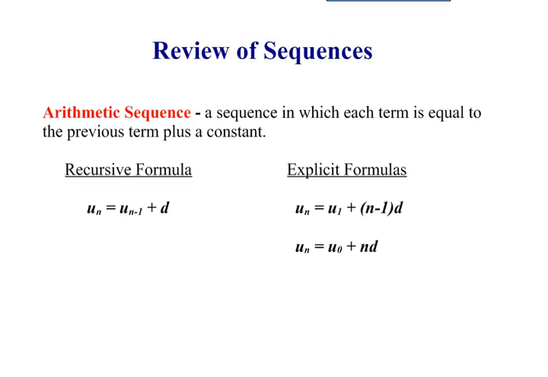A recursive formula that says u sub n equals u sub n minus 1 plus d. You'll remember that the recursive formula really just tells you what the pattern is in the sequence. So to find any term of the sequence, u sub n, we take the term before it, u sub n minus 1, and we add on the common difference.